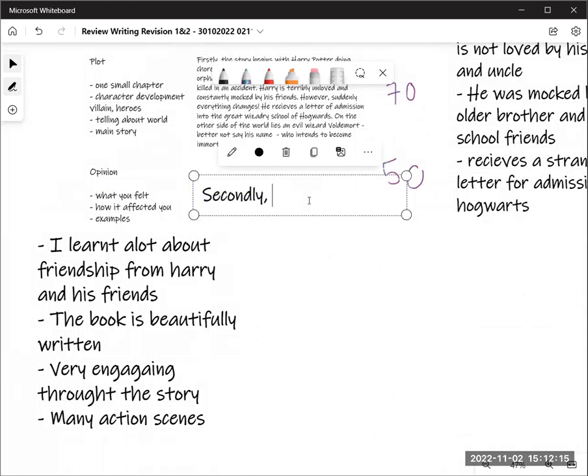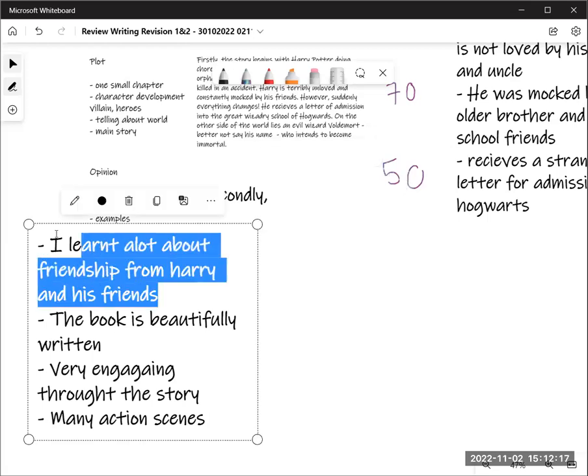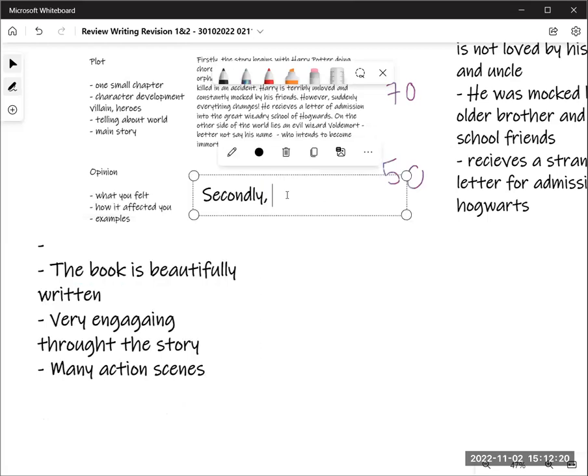How you felt? I felt, I can say, this book has taught me the values of bravery and friendship.